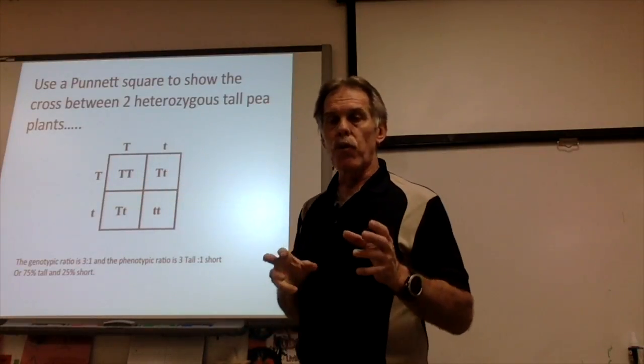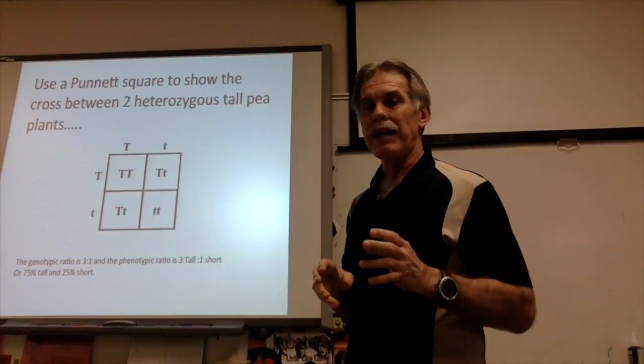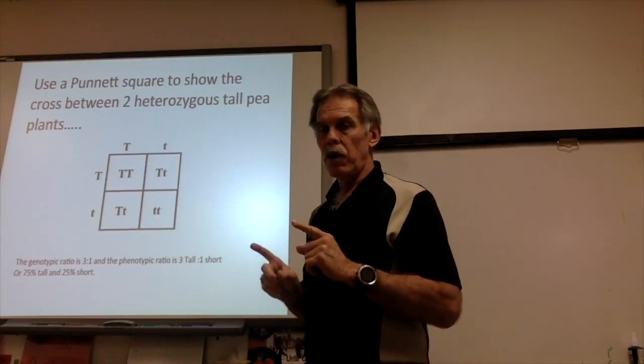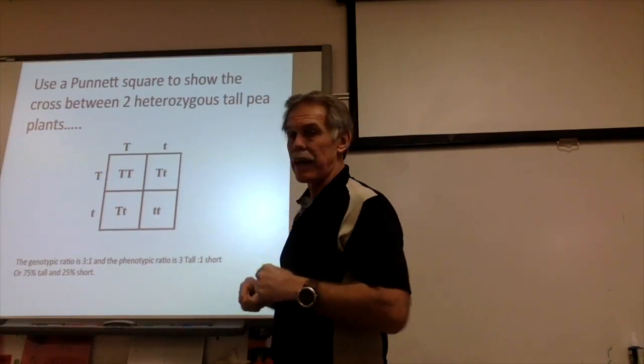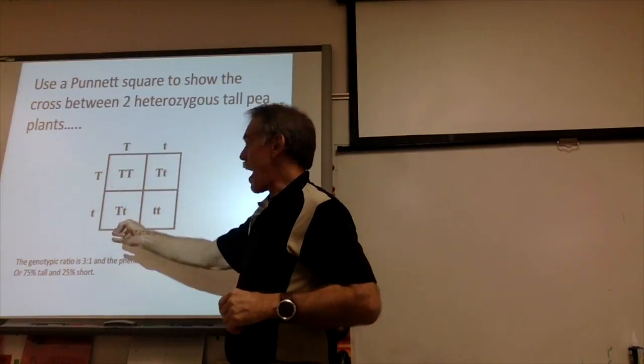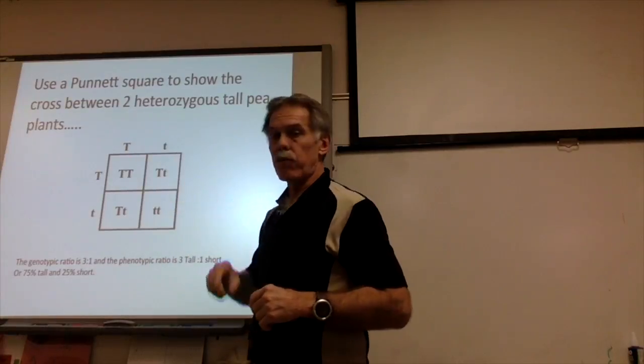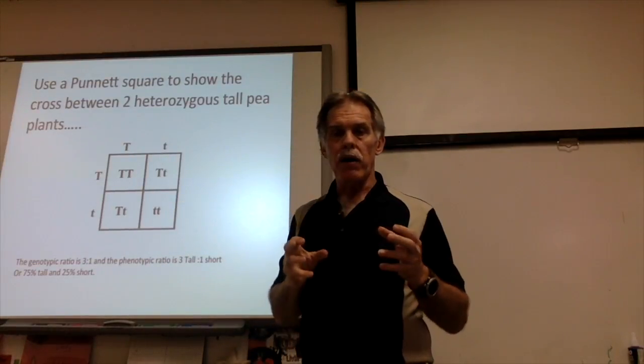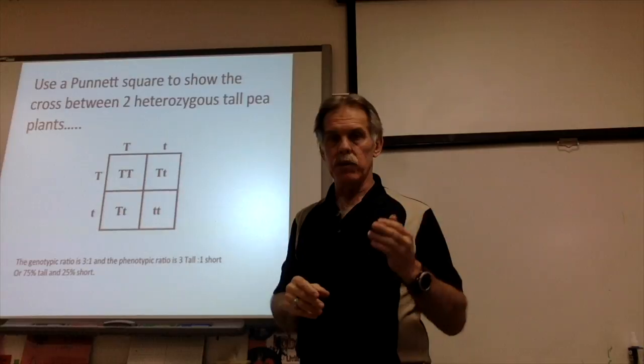Now, there are two ratios we can get from this. We can get the genotypic ratio, which says what are the exact letters. So there's 1/4 big T big T, 1/2 big T little t, and 1/4 little t little t. So our genotypic ratio is 1 to 2 to 1.